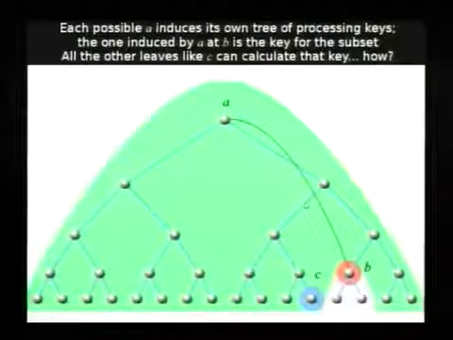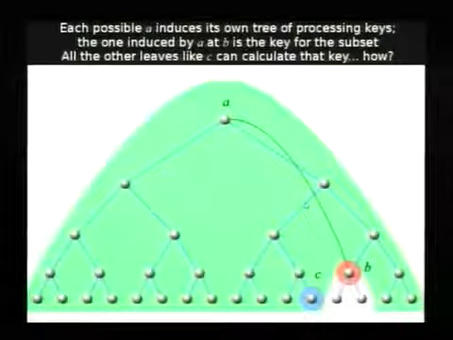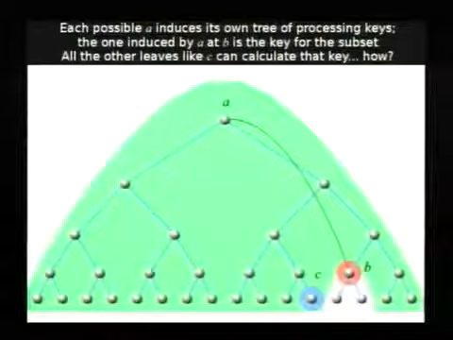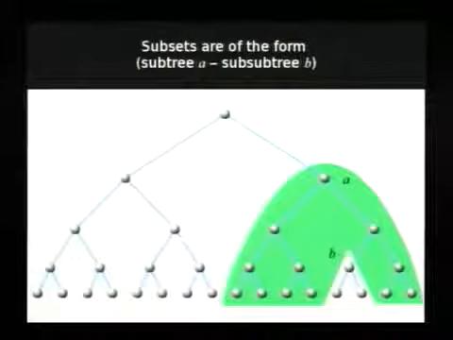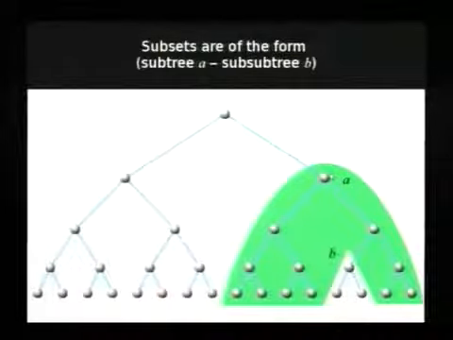So let's talk about how, as I said, every one of these subsets has a processing key. And in order to figure out what that processing key is, we first note that every possible root of a subset has its own key, its own device key. And these keys are secret.